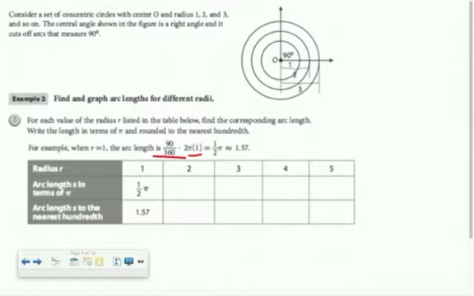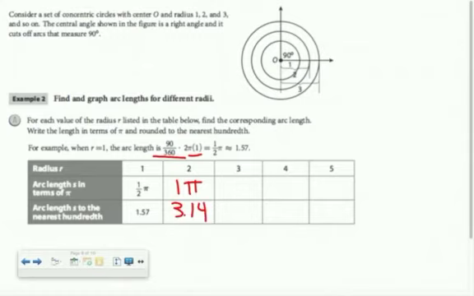So what if the radius was 2? Then the arc length of S in terms of pi would be 1/4 of 2 pi times 2. So that would be 1/4 of 4 pi. That would be 1 pi, which is approximately 3.14.